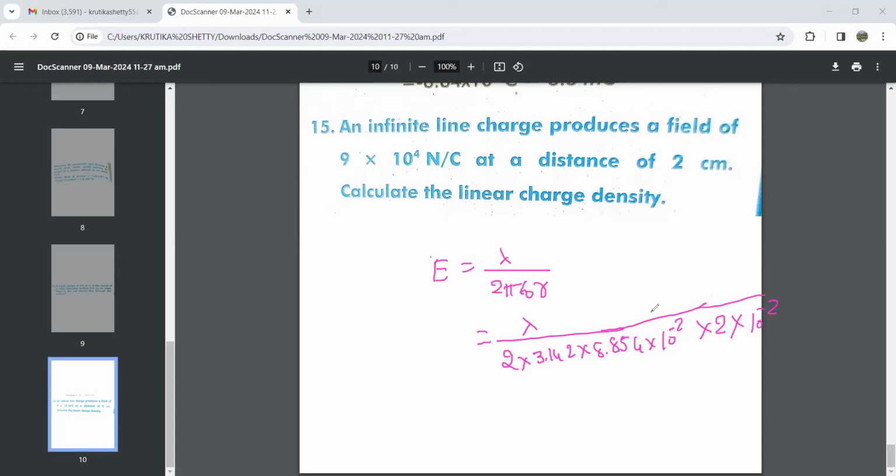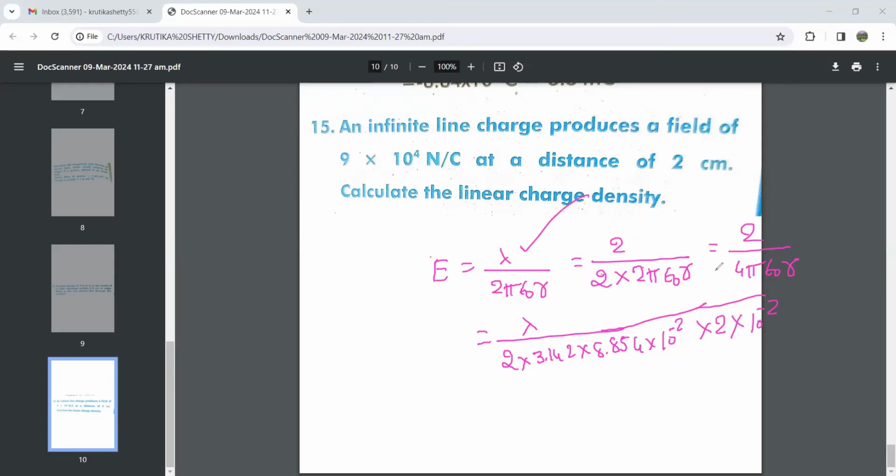You have to simplify all these terms, understanding? Instead of that, what I am doing here, for this equation, I am multiplying and dividing by 2. So multiply and divide by 2, and here you have 2 pi epsilon naught into r. If you cancel, you get the previous equation itself. If you multiply 2 into 2, you get 4 pi epsilon naught into r.